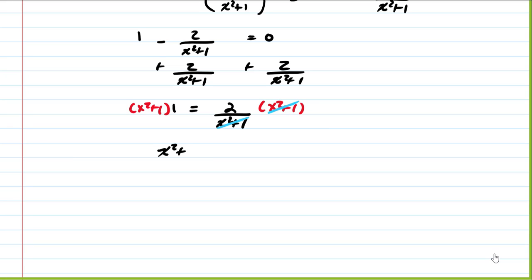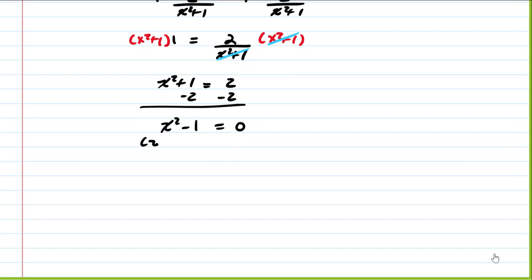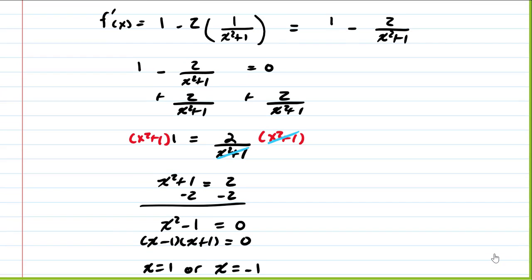And that gives us x squared plus 1 is equal to 2. So then we minus 2, minus 2. X squared minus 1 equals 0. Factor into x minus 1 times x plus 1. And we get the two solutions, x equals 1 or x equals negative 1.